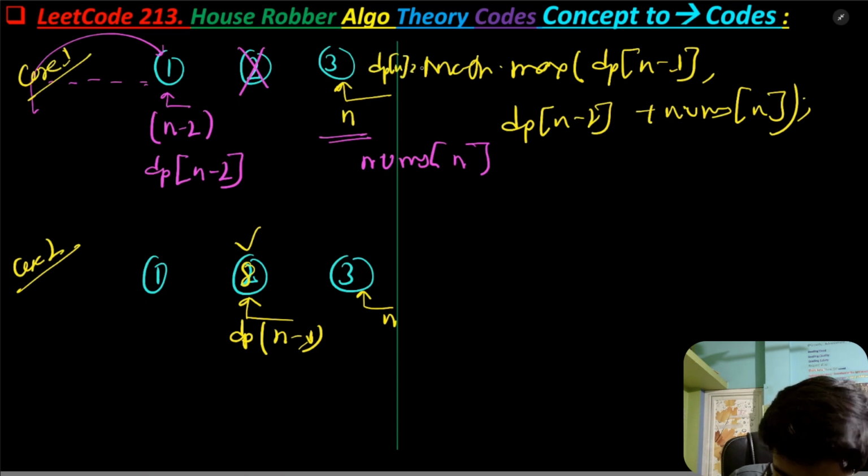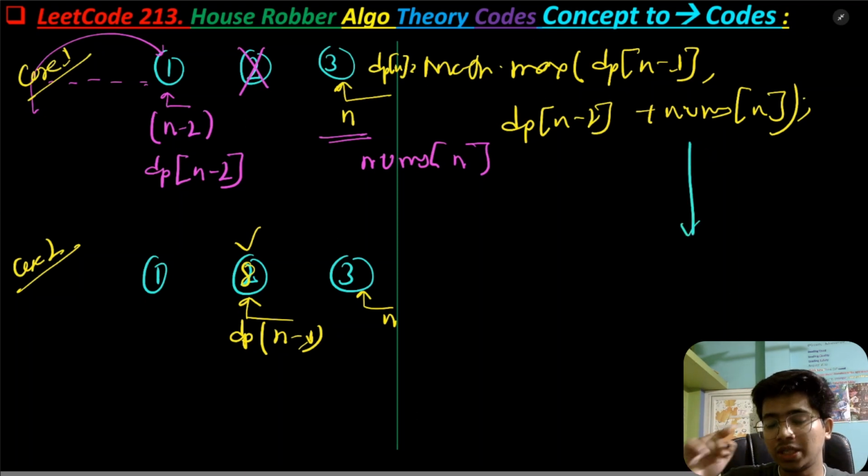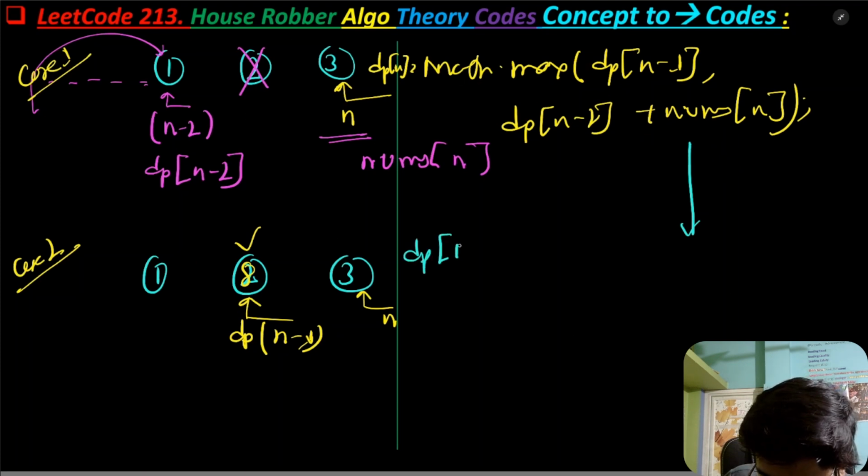In terms of a program, because the value of n will keep changing with respect to i, we could generalize like this: dp of i equals Math.max.